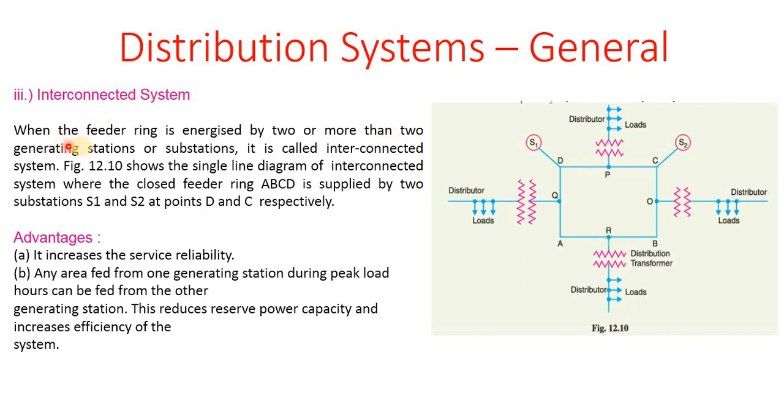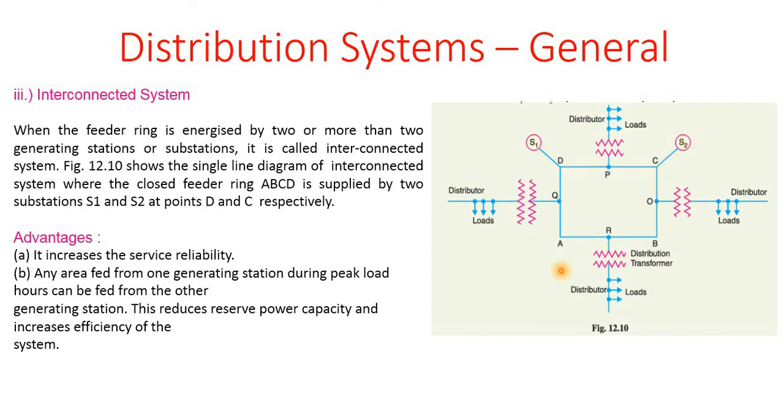Interconnected systems: when the feeder ring is energized by two or more generating stations or substations, it is called an interconnected system, as shown in this diagram. Figure 12.10 shows the single line diagram of the interconnected system, where the closed feeder ring ABCD is supplied by two substations, S1 and S2.